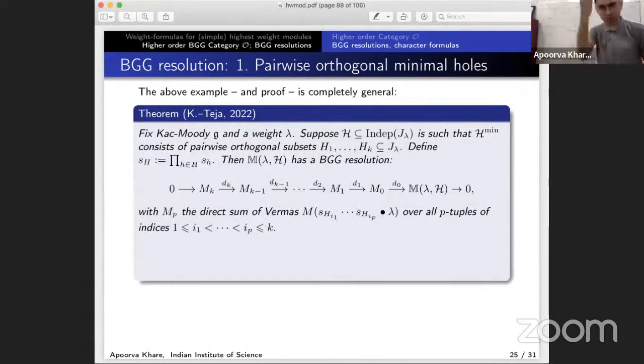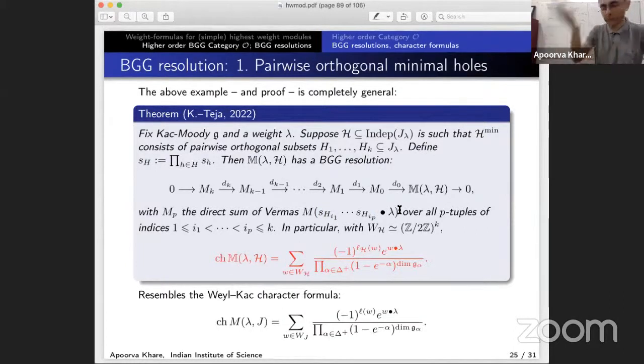And then here is the general statement. Fix any Kac-Moody algebra and any weight. Sorry. And then take a collection of holes whose minimal holes are pairwise orthogonal in J lambda. Define, as I said, S_H to be this thing. Then M(lambda, H) has a BGG resolution. And at each stage, you sum up over the Verma modules where there are only p many of these individual constituents, dot action on lambda.